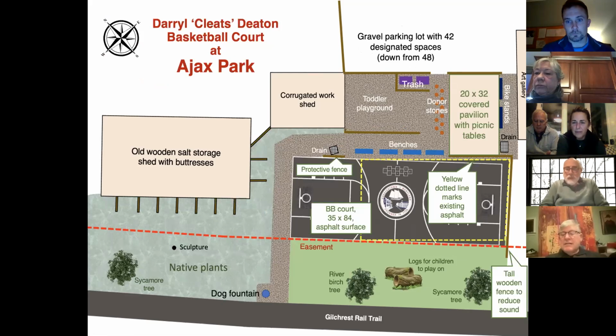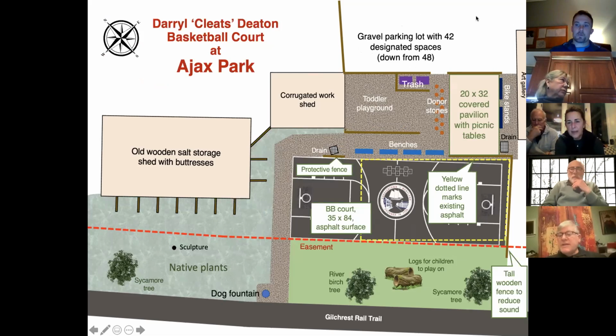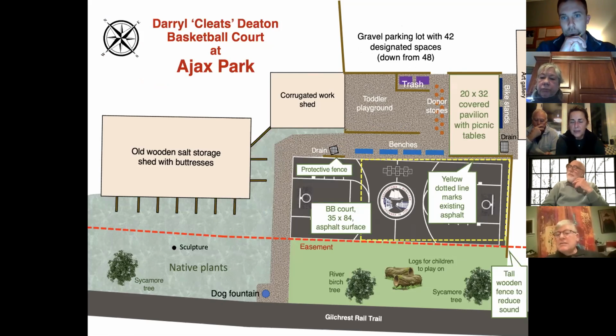What's the setback from the building, the art gallery? I'm sorry, from what? Where you have the bike stands next to the pavilion. The pavilion is 20 feet wide, and that bike stand area is only 5 feet. What's the setback from the art gallery?